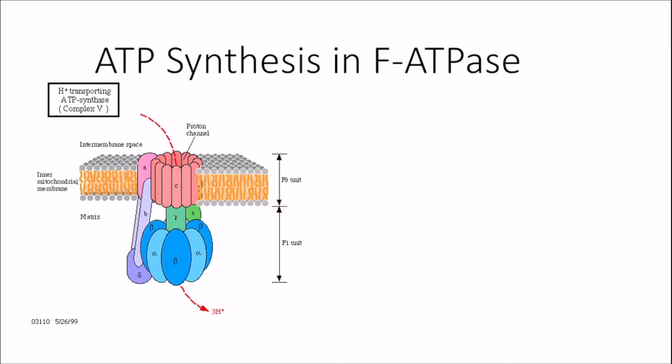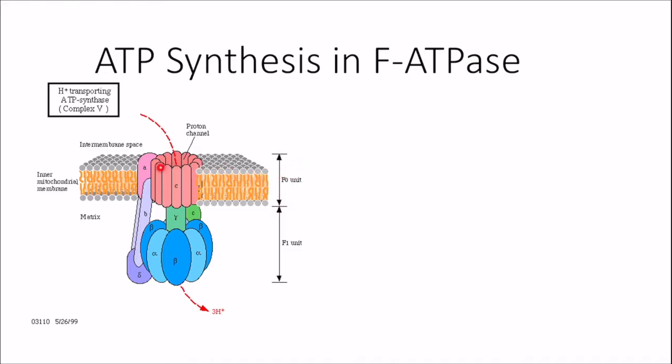It consists of the alpha, beta, gamma, epsilon, and delta polypeptide chains. As you can see here, there's a beta, alpha, epsilon, gamma, and delta subunits.